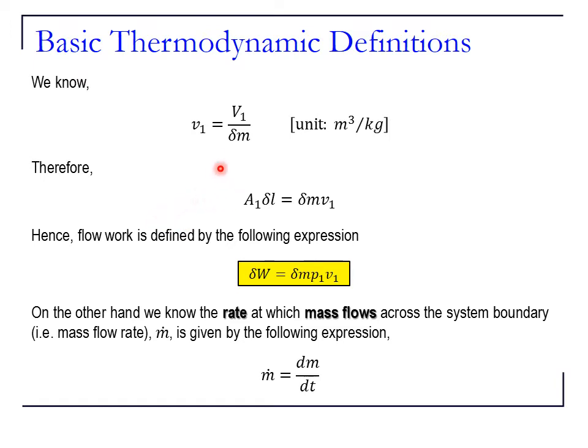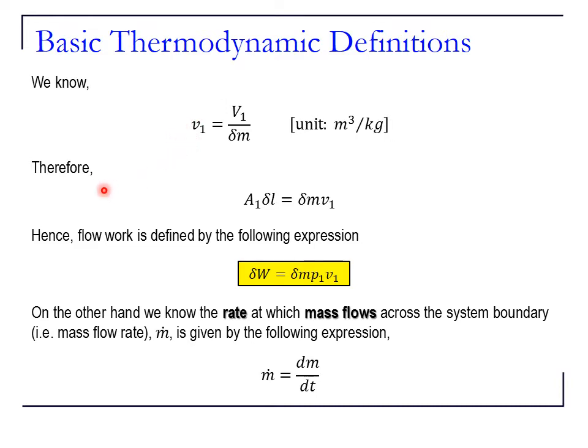And we also know that if we define a specific volume at the inlet, this specific volume will be just equal to the capital volume, the total volume, divided by the small mass. So this is a general definition of any specific term, such as specific volume.